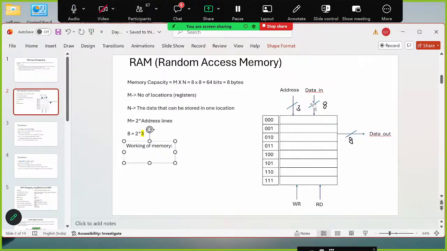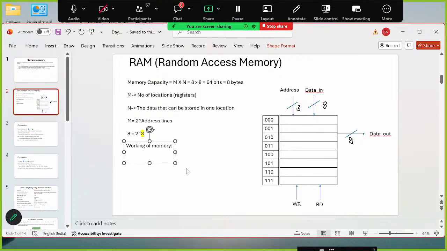Okay, so put the data over here, put the required address over here where you want to write, and then assert a valid write signal. Then after that, data would be written inside that location.